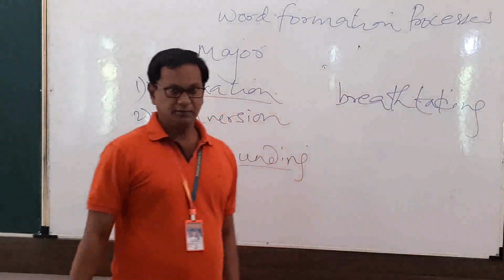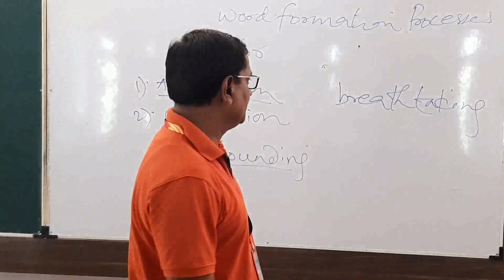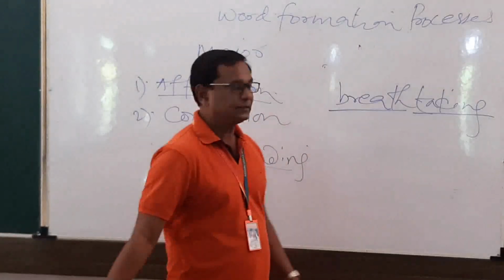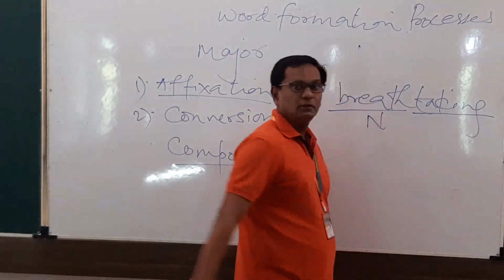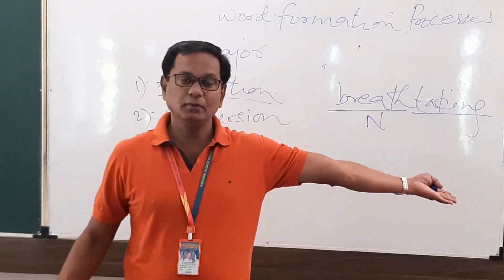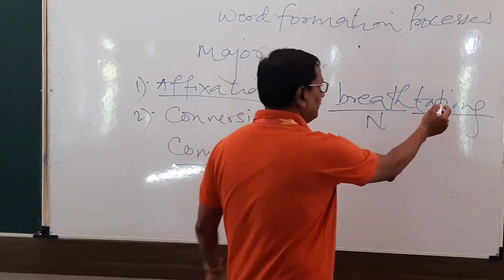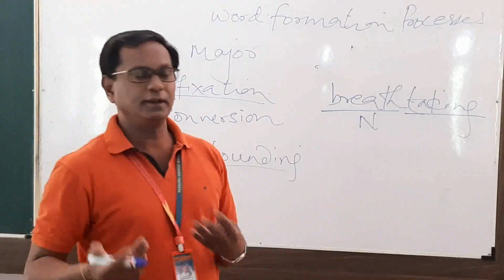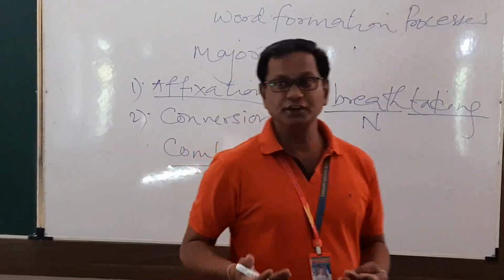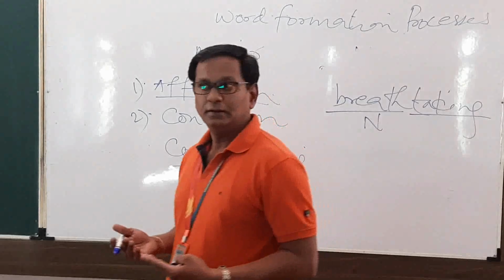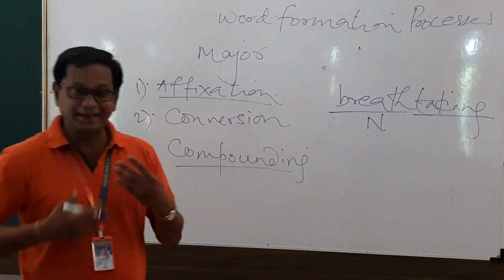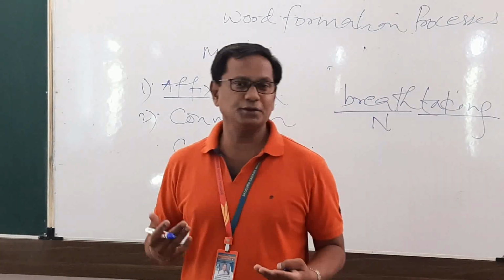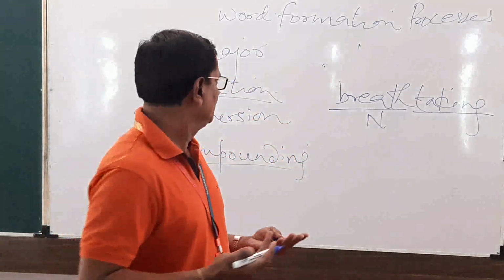This is an example of compounding. Here we find there are two bases, breath and taking. There are n number of compound words we use in our day-to-day life: washing machine, writing table, dining table.